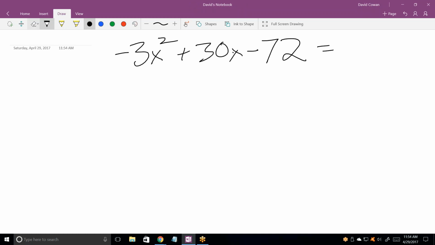It says it's equal to g of x. In other words, do we have an equation or do we have an expression? What we have is an expression. Okay. And so it says, does the function have a minimum or maximum? It has a maximum because it opens downwards.